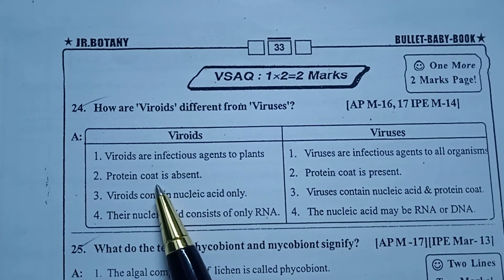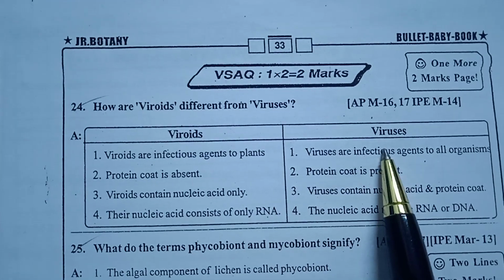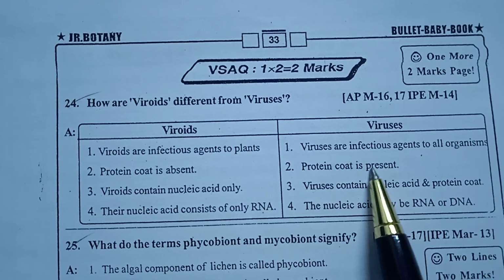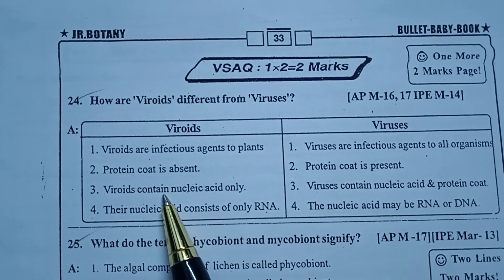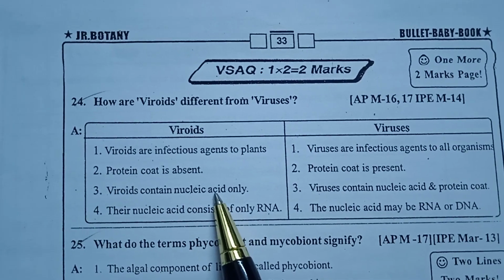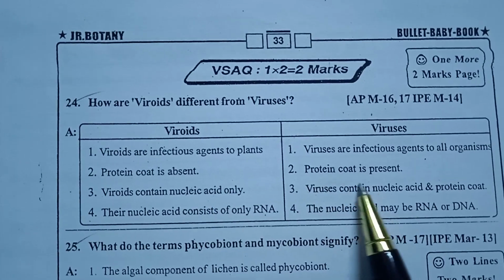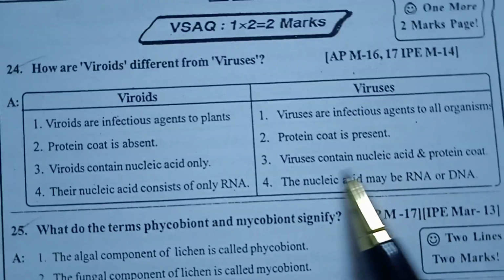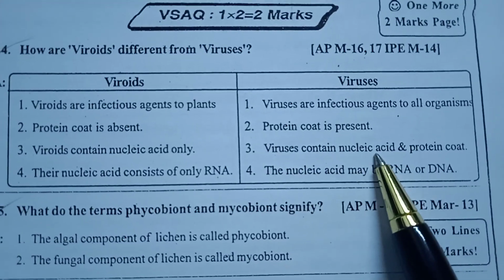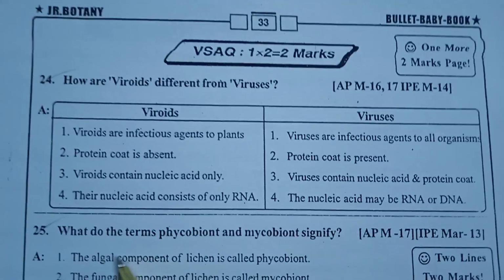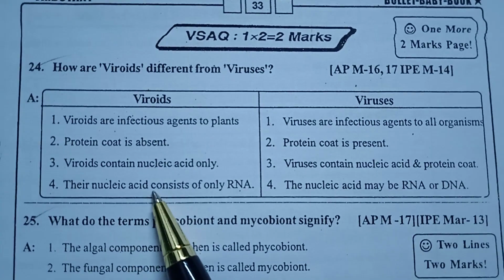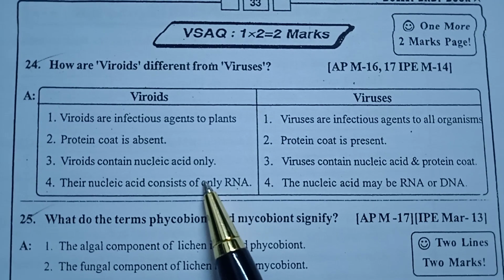Protein coat is absent in viroids, whereas in viruses a protein coat is present. Viroids contain nucleic acid only. They don't contain any protein coat, whereas viruses contain nucleic acid and protein coat. Fourth, their nucleic acid consists of only RNA.